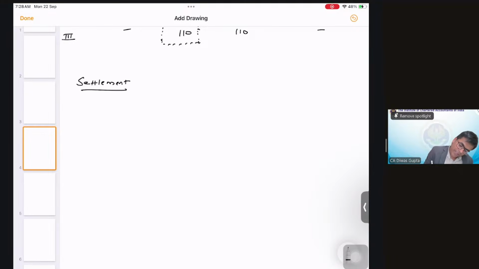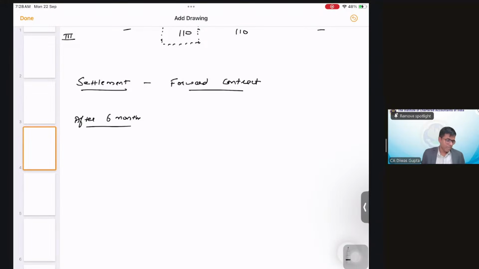Now let's talk about the settlement of this, how the settlement would have happened. And here we are talking specifically about the forward contract. After 6 months, procurement manager and supplier.